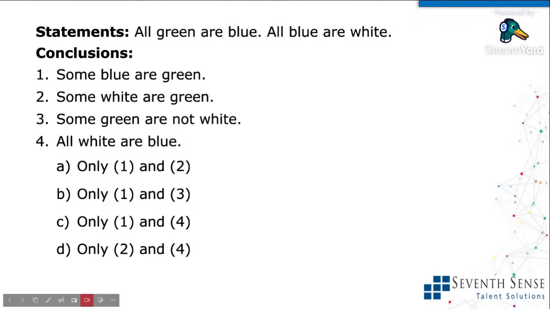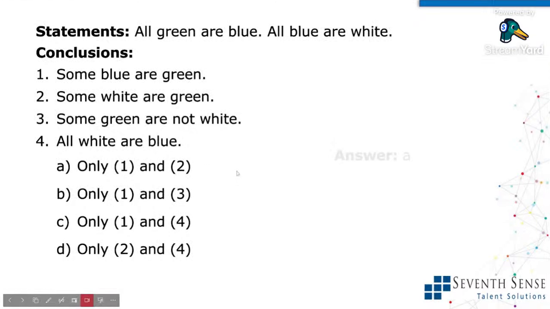Okay, most of you are going for A. Okay, fine. Let's say it is option A, right? So if we want to quickly do this, let us do this. All green are blue. Just give me a sec.